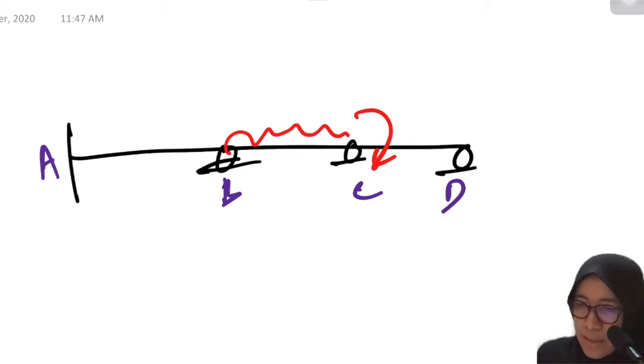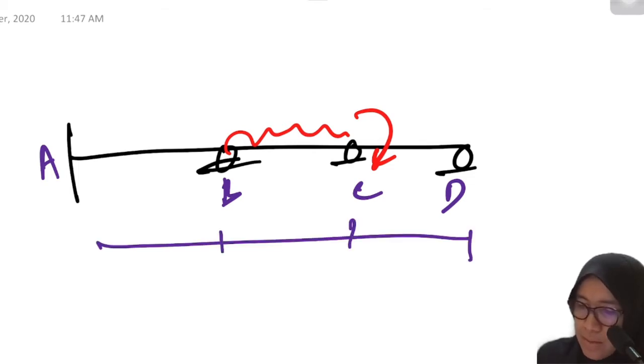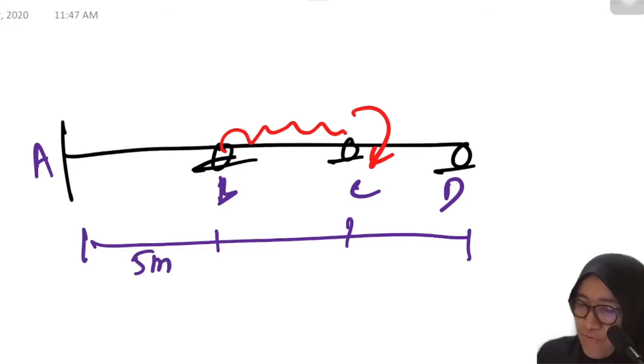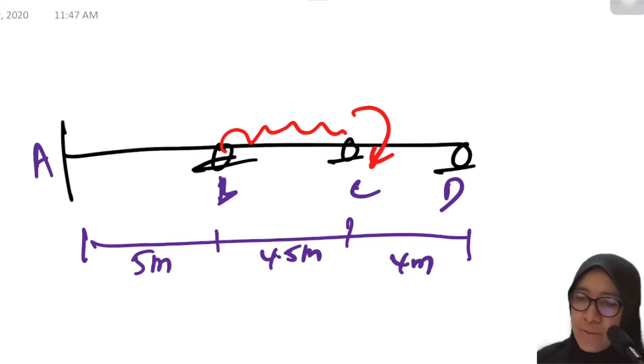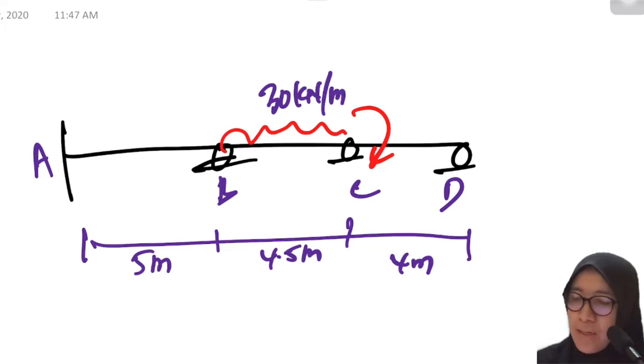Let's say the spans are 5 meter, 4.5 meter, and another one is 4 meter. The UDL is 30 kilonewton per meter, and the applied moment is clockwise, 350 kilonewton meter.